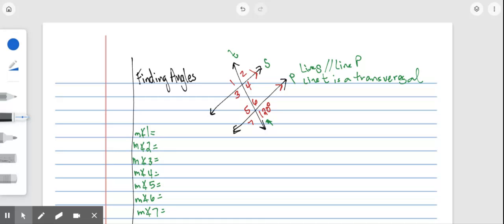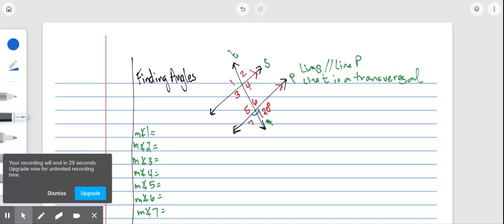Well, I know that since angle 7 and 120 are a linear pair, I can find angle 7 by subtracting 180 and 120. So use linear pair and do 180 minus 120, which is 60 degrees. So angle 7 is going to be 60 degrees. Okay. All right, and then we're going to go on to the next angle.